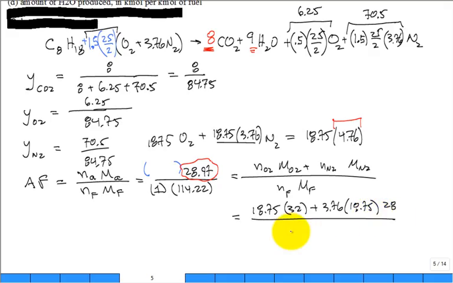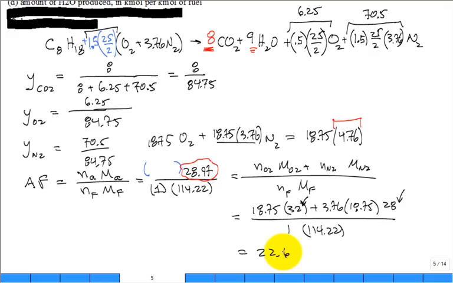And then we'll divide by the 1 times 114. It seems ridiculous, I should put more digits on this 32 and on the 28. But if you run that number, to 3 significant digits, what do you pick up? 22.6. Right?